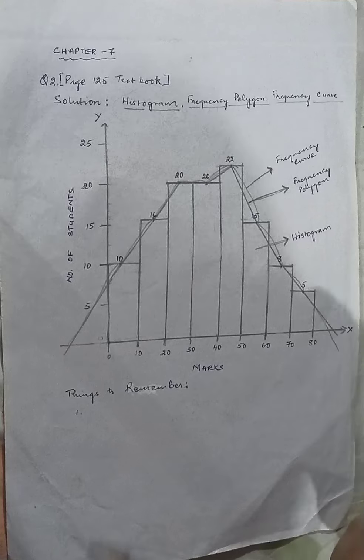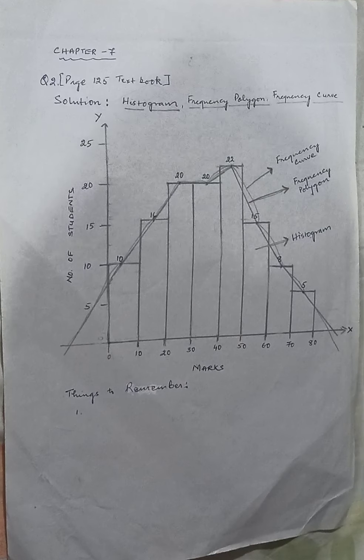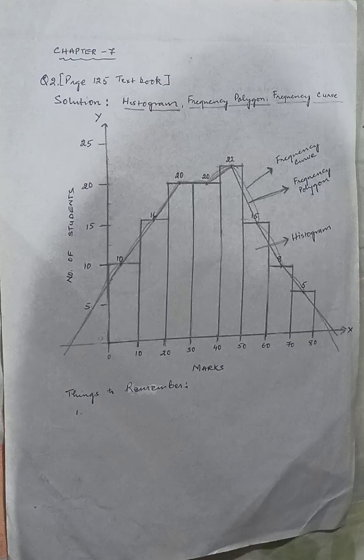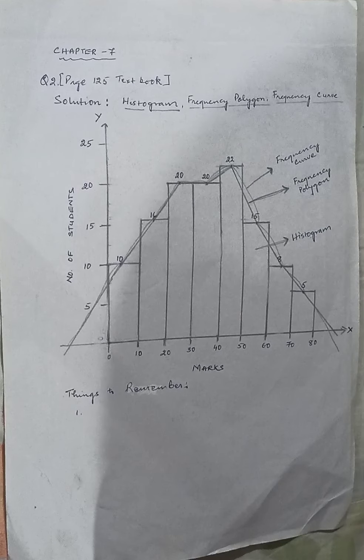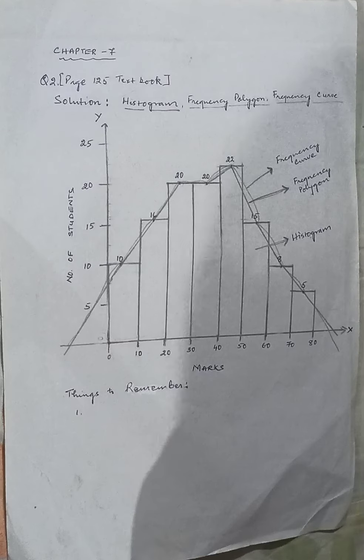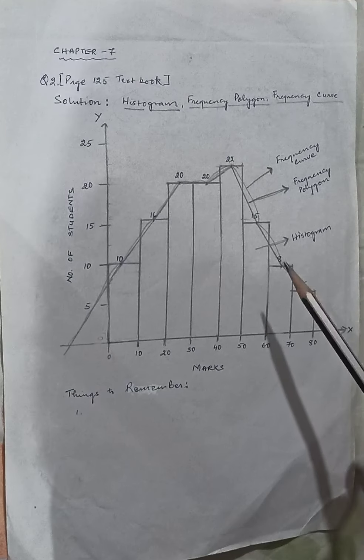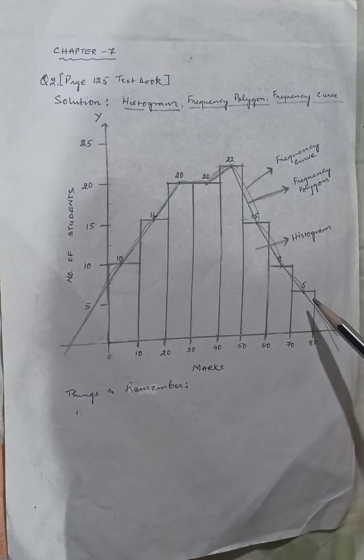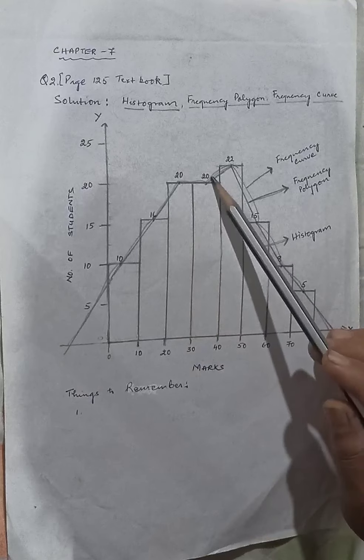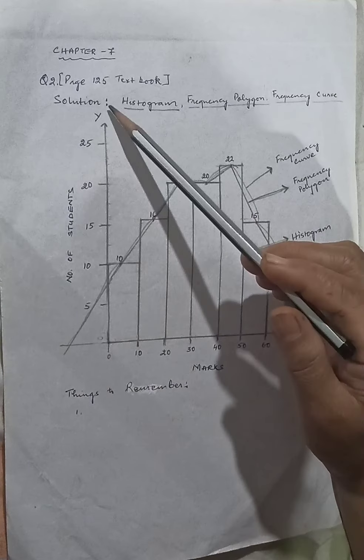If we look at your textbook, page 125, question number 2, the number of students are 10, 16, 20, 20, 22, 15, 8, and 5. These are the frequencies.